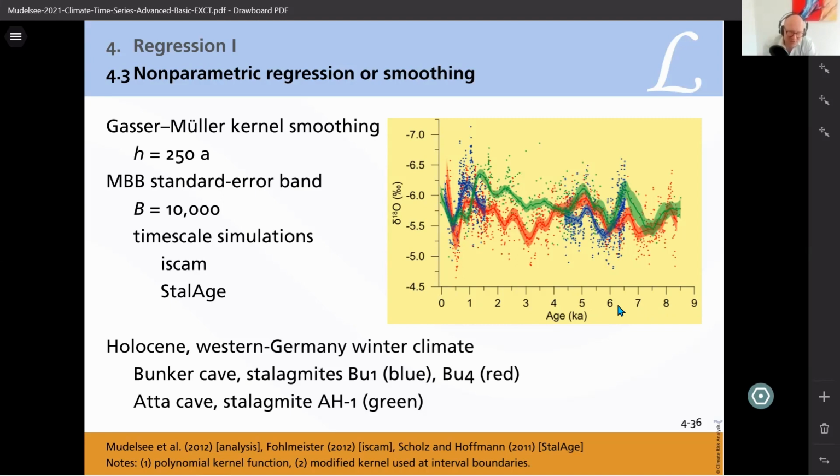So this depends on the community which is responsible for the data. In the uranium-thorium speleothem dating community, present is usually AD 1950 or AD 2000.